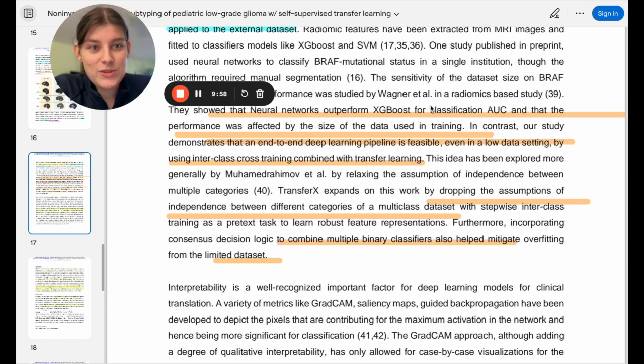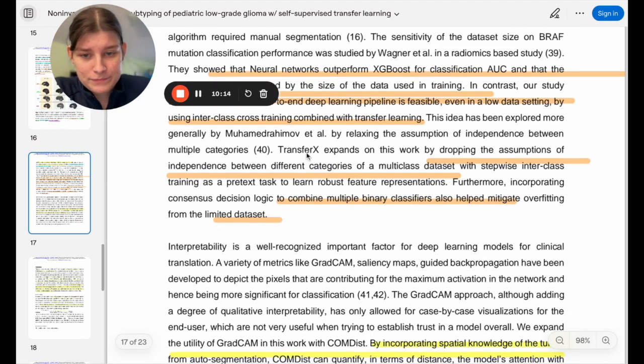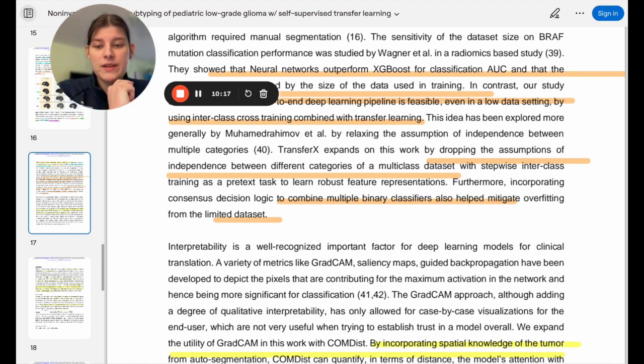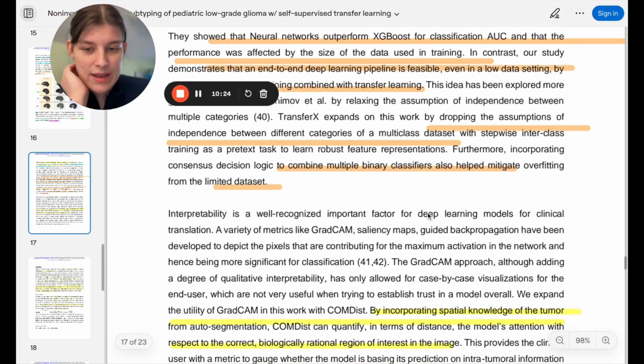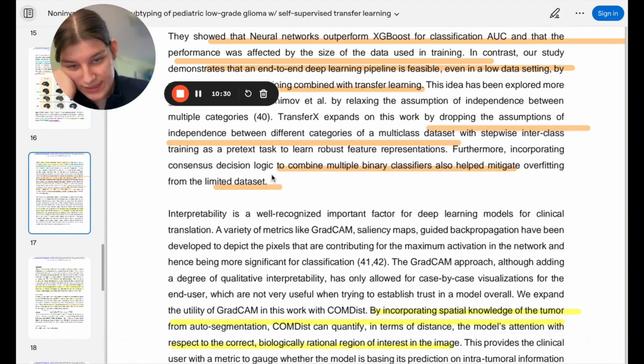So you don't even have to manufacture more patient data, and it completely removes that barrier to access or to receiving care in those areas. And having the assumptions of the different categories, it can use that task to add into the feature representations. And even with this, applying the consensus decision logic, they said the multiple binary classifiers can also help mitigate overfitting for the limited data set.